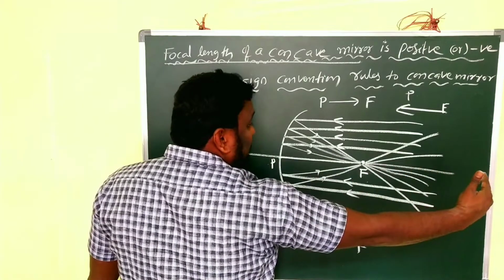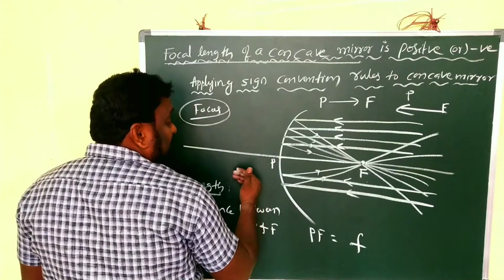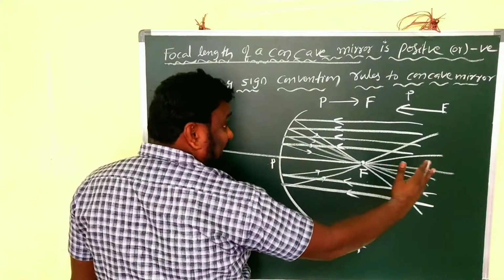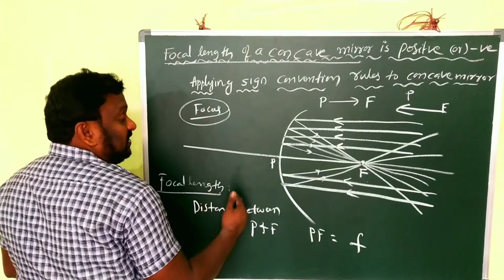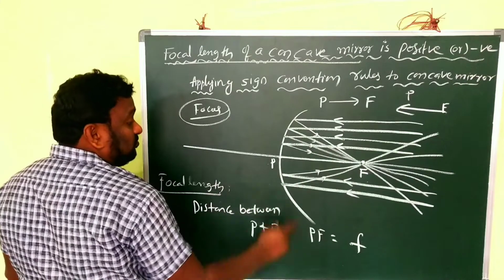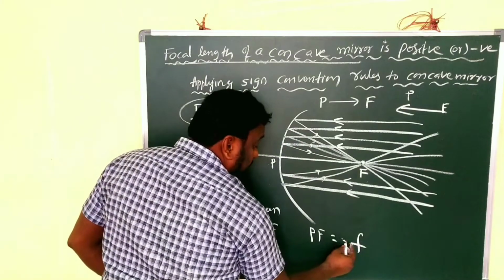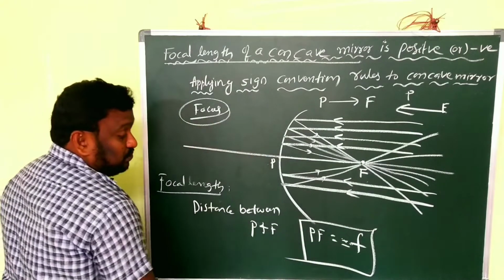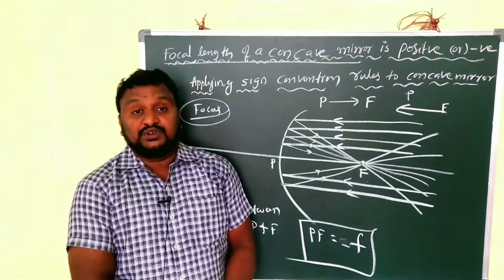The incident light is coming from right to left, but we are taking the focal length distance from left to right. That's why we are moving in the opposite direction of the incident light, and so the focal length of the concave mirror is negative.